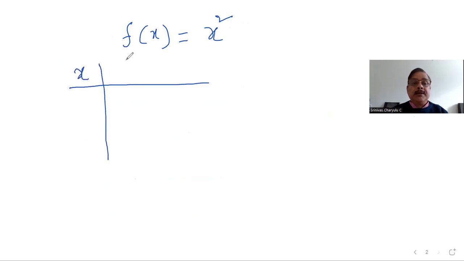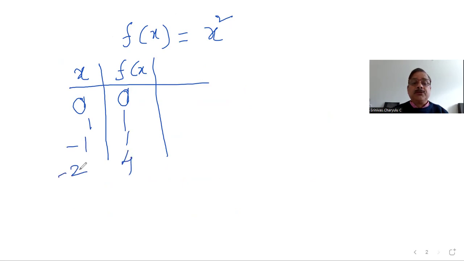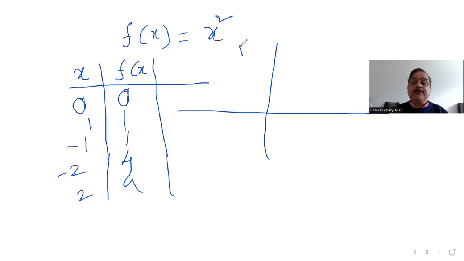You will write x here and f of x here, and give some values, starting from 0, 0; 1, 1; minus 1, 1; then 2, 4; minus 2, 4, like that. All positive values you will get. When you plot this graph, it looks like this. This is known as a parabola. This is a function.